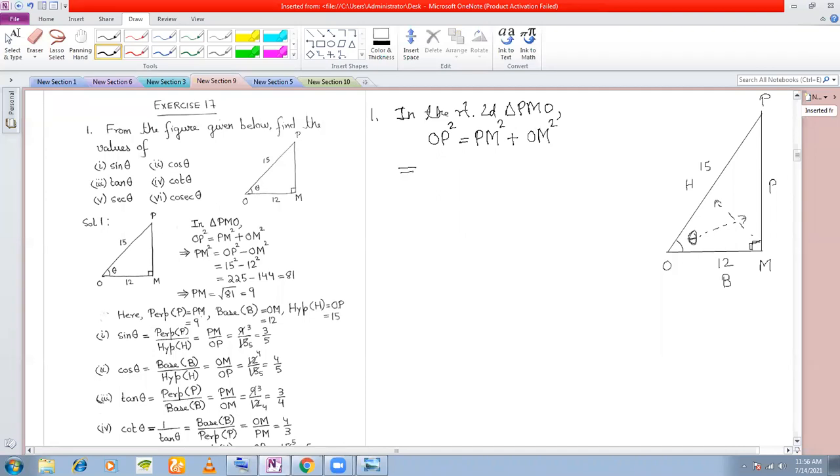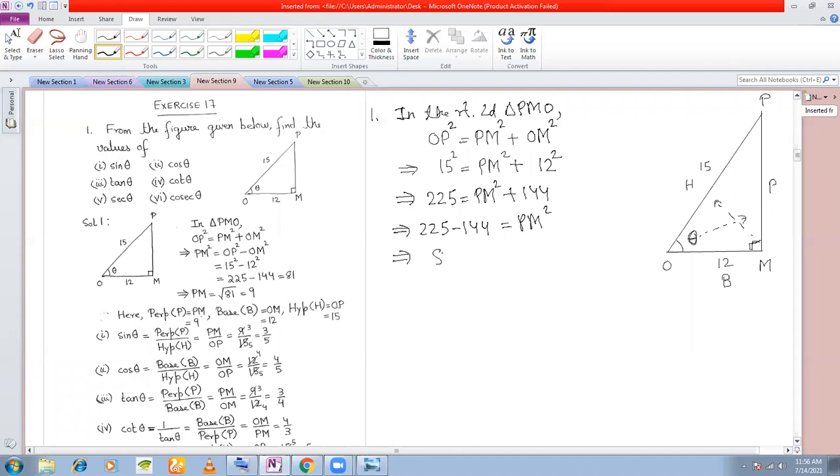Put the values. OP here is 15. PM we have to find out, which is the perpendicular, and OM is given to you as 12. You can find it out from here. 225 is equal to PM square plus 144, means 225 minus 144 will be equal to PM square.